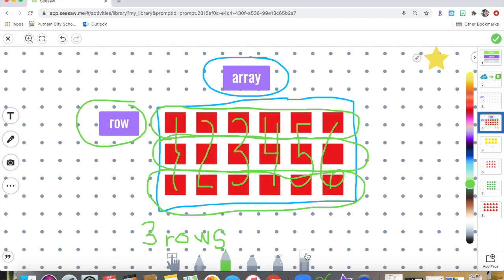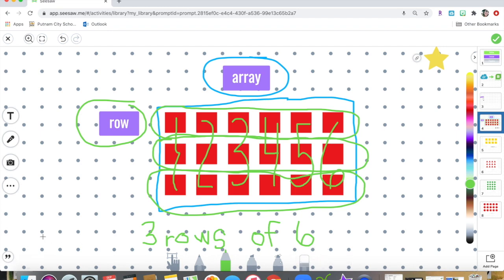So how many is in each row? There's 6. So if we're going to write this as a sentence down below, we can put 3 rows of 6 because that's how many is in each row.